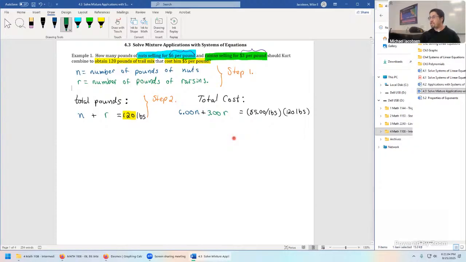So that's our total cost equation. This is the step 3 in the process. Kind of at an angle just to mention this whole equation is that step 3. Maybe it's better to write it this way. Let's use the arrow system on this one. And on partial credit, this would be 3 points out of 5.